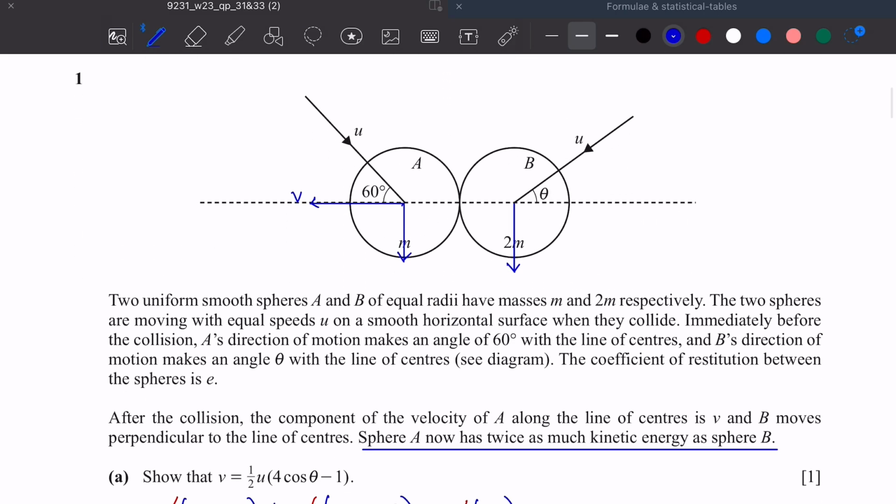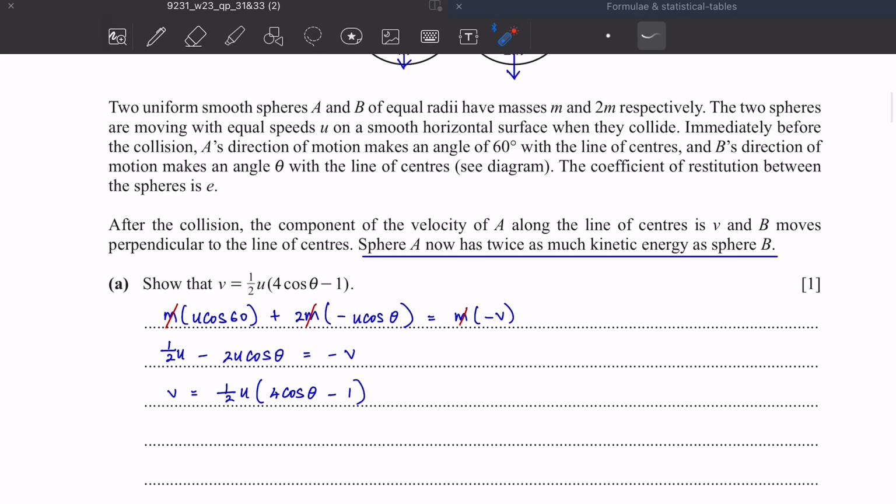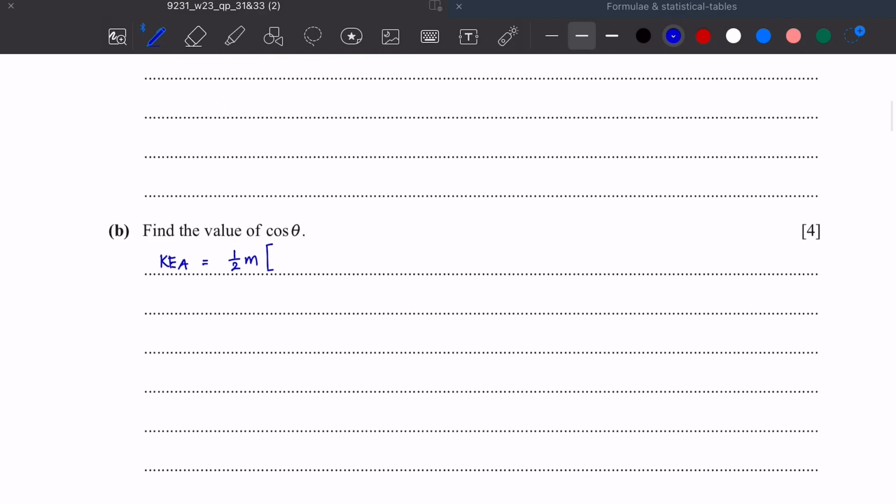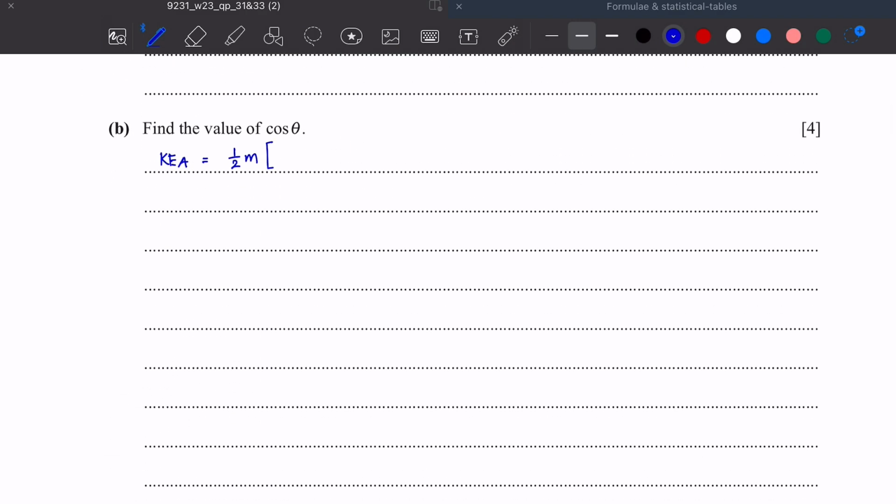After the collision, the horizontal component of velocity is v, which we have already found here, and the vertical component is just u sine 60, because the vertical component of velocity doesn't change after the collision.